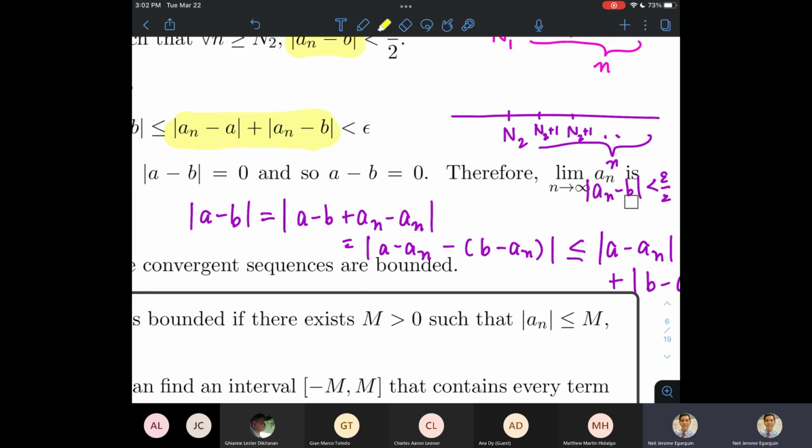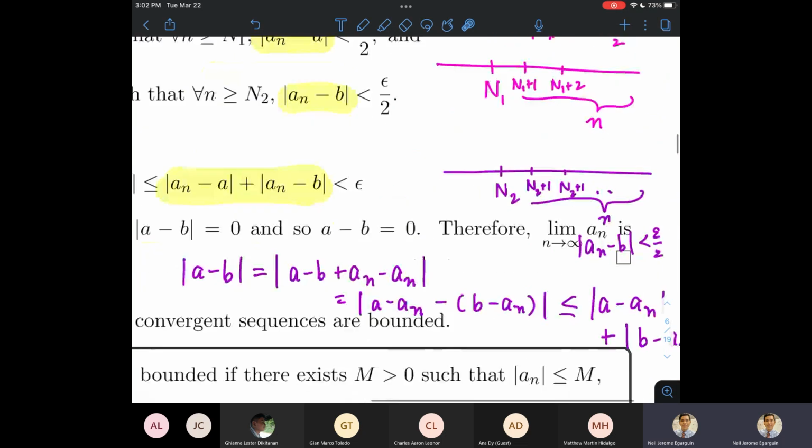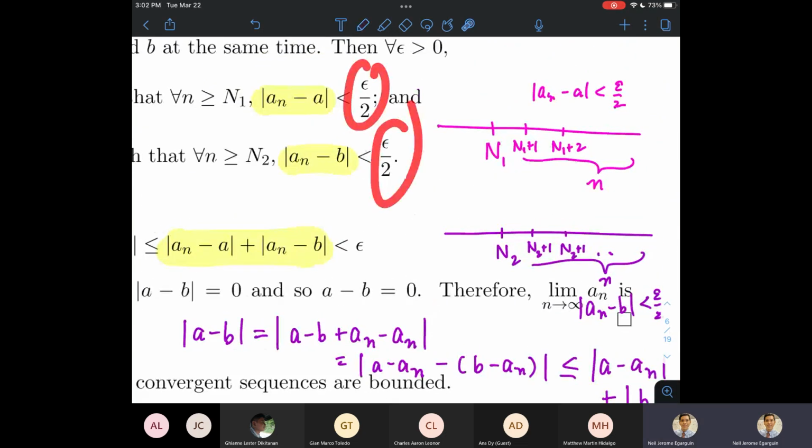At ito yung dahilan kung bakit gusto ko parehas lang epsilon over 2 yung bound para dito at saka para dito. Kasi nakita ko later in the proof na pag-a-add ko pala yung left-hand sides nitong dalawang inequalities na to. So that means I'll need to have an epsilon over 2 here and another epsilon over 2 here.